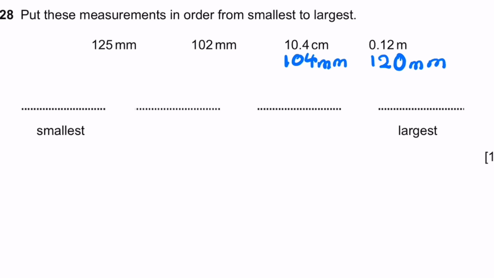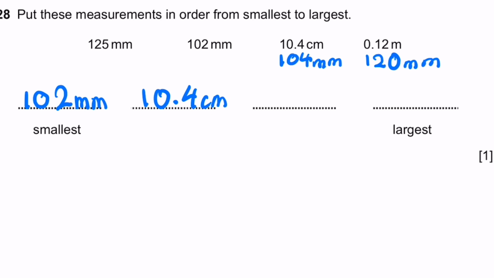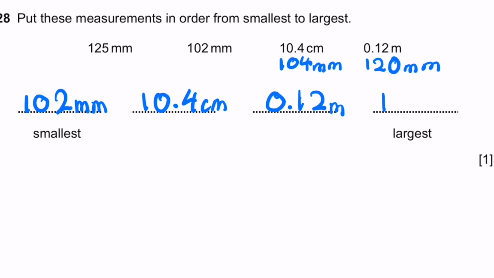The smallest, of course, is 102 millimeters. The second smallest is 10.4 centimeters. 0.12 meters is the second largest, and 125 millimeters is the largest.